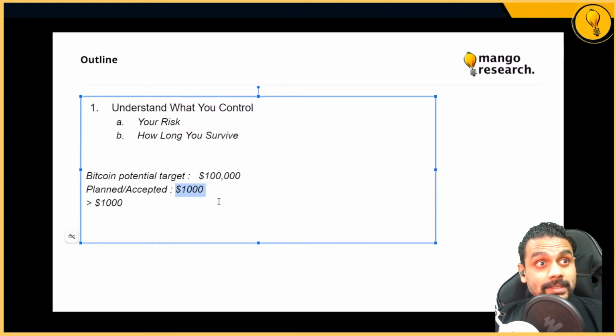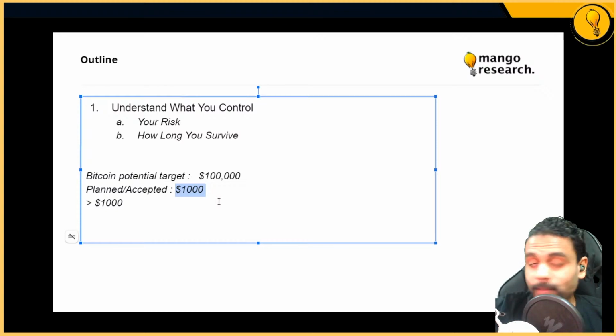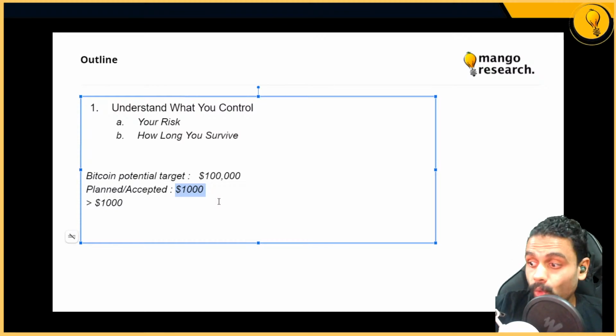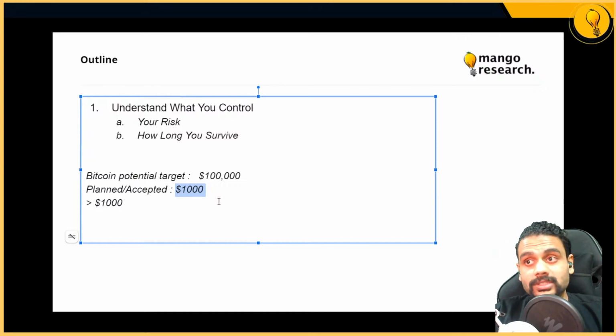This is a business. This costs me something. When you start any entrepreneurship venture, you have to put up some upfront costs, and you know those costs. You know how much you're paying your employees, how much you're paying for rent, et cetera. Well, this is the cost for this trade. If you want to be part of this trade to $100,000, you've got to put up $1,000.